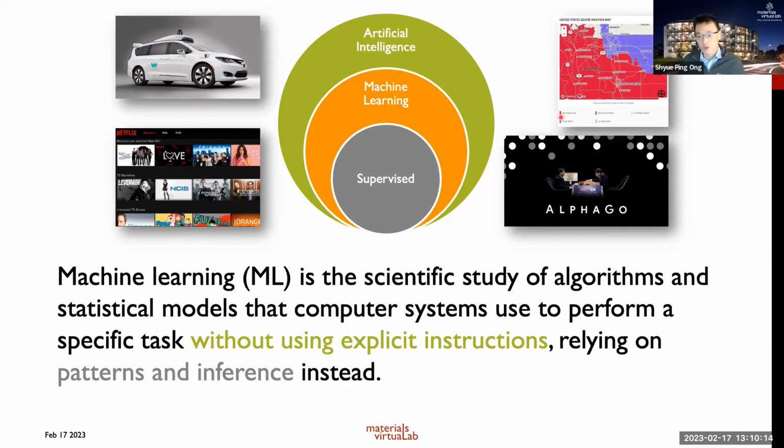Weather forecasting, also machine learning. And of course, there are all those very well publicized competitions between AlphaGo and the best player in the world, who happens to be Korean, in the game of Go. And AlphaGo, of course, has now been able to defeat even the best player in the world, okay?